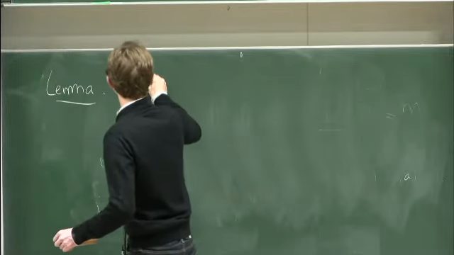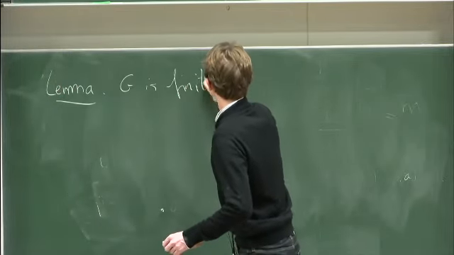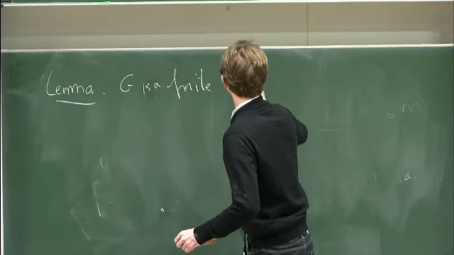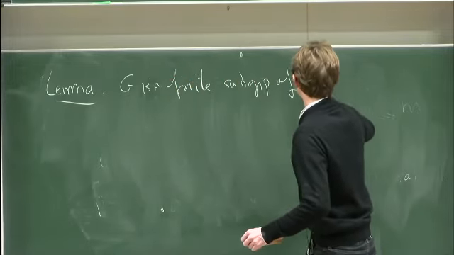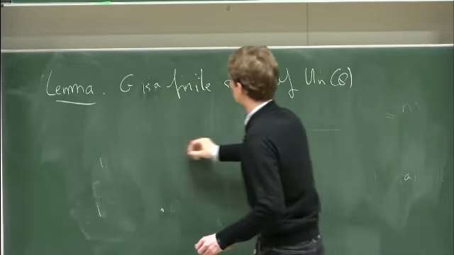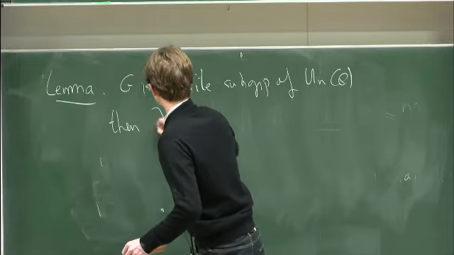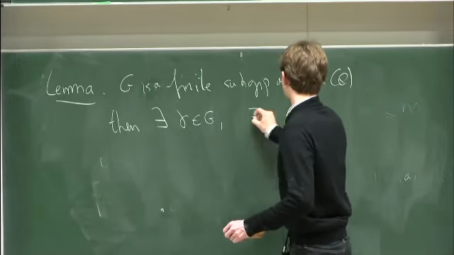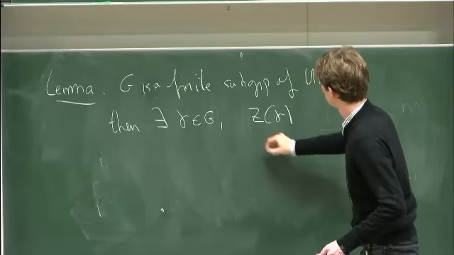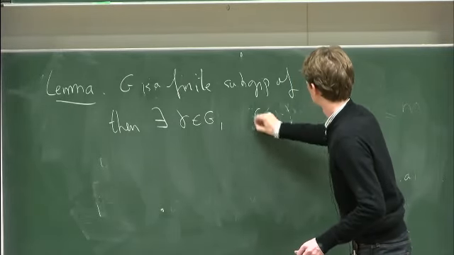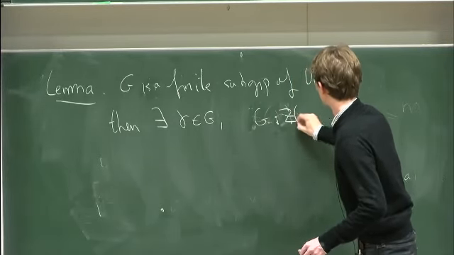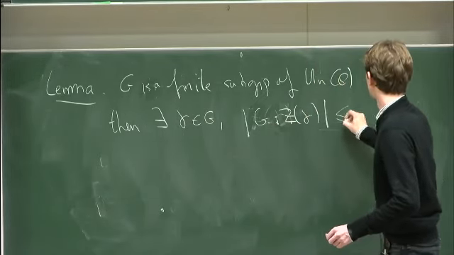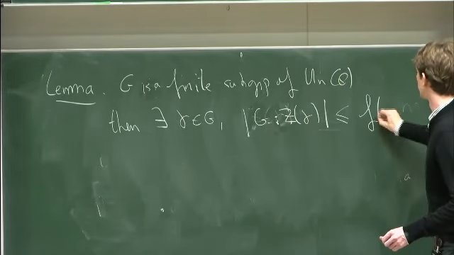That if G is a finite subgroup of U_N(C), then there exists gamma in G such that the centralizer of gamma is large. So you get an element with a large centralizer by some function of n.